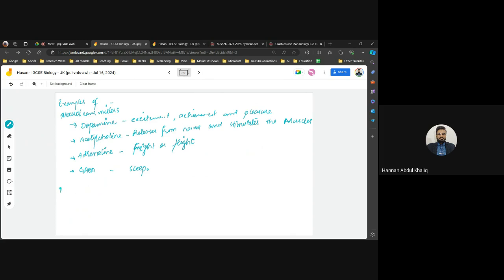Remember that drugs, now you need to focus on this, imitate the neurotransmitters. Drugs basically imitate the neurotransmitters, and they would directly act on your nervous system.